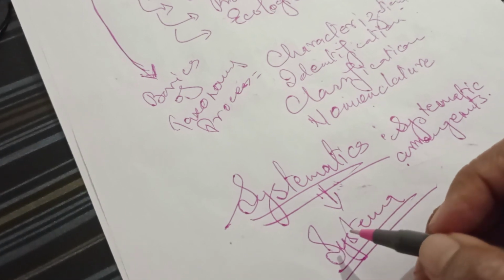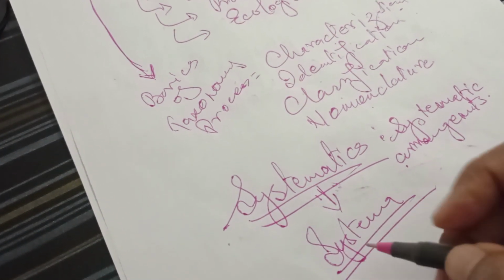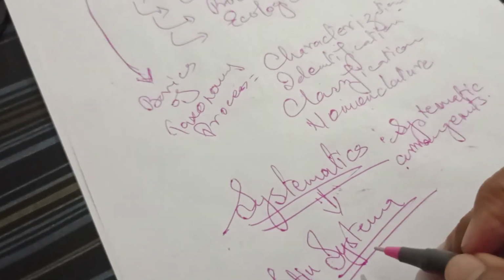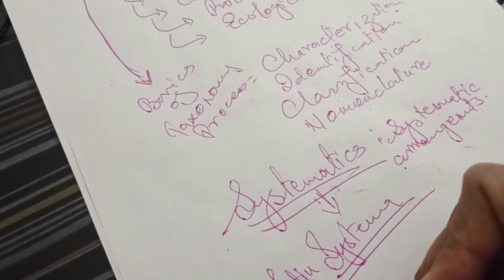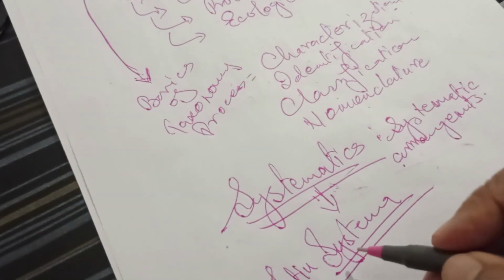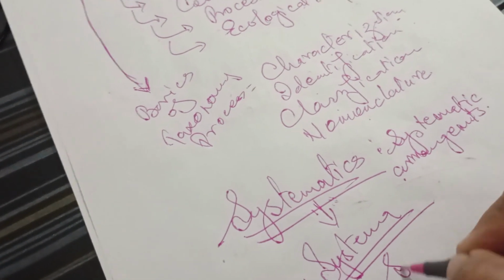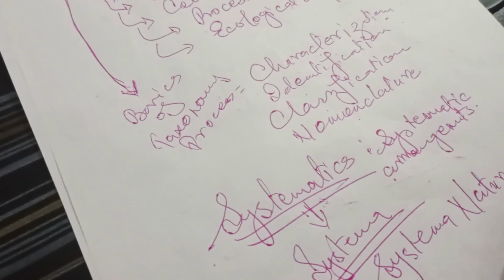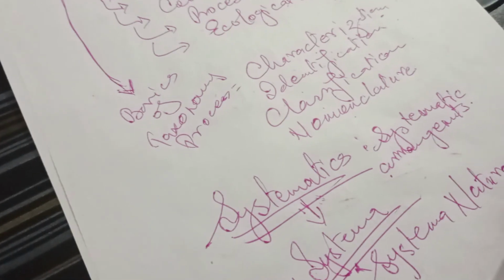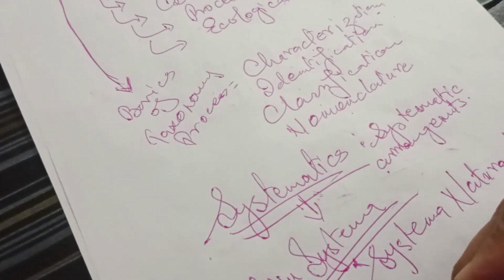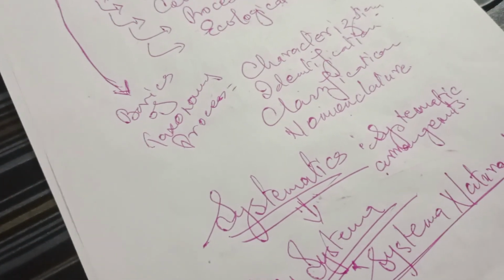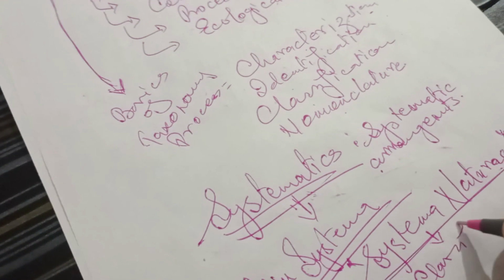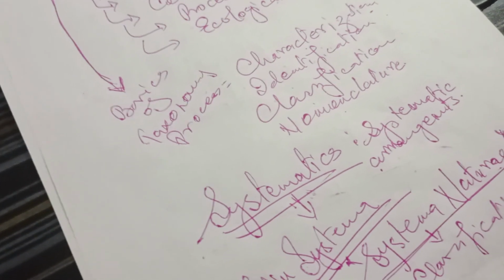Systema is the word from which systematics is derived. Again, it is a Latin word. As I told you earlier, Carl Linnaeus published a book, Systema Naturae. This is an important thing you will be asked in MCQs, in NEET also. Carl Linnaeus produced a book, Systema Naturae, in which he has given the classification of organisms.